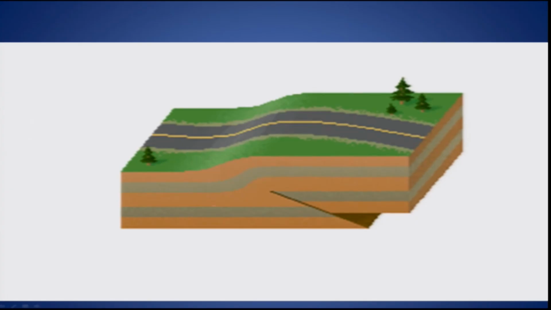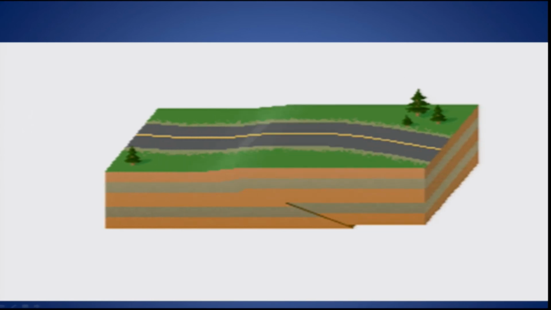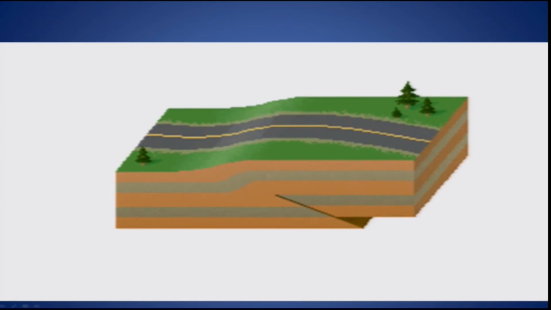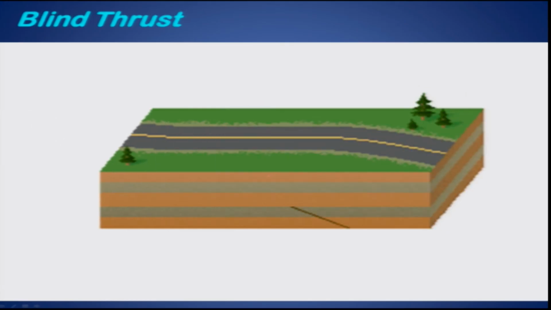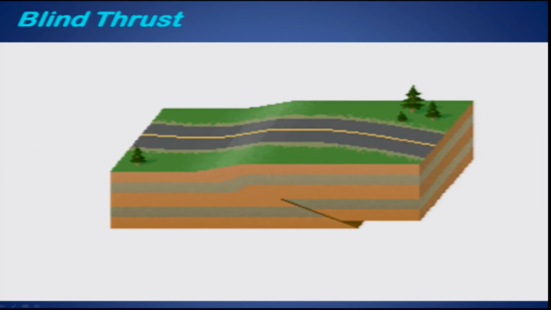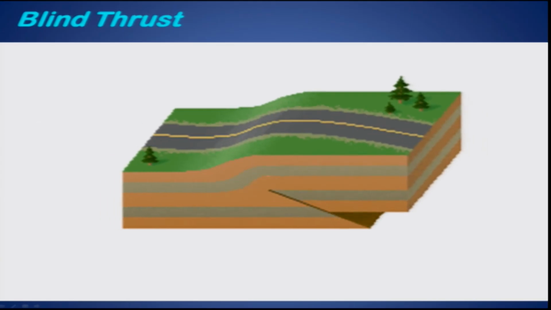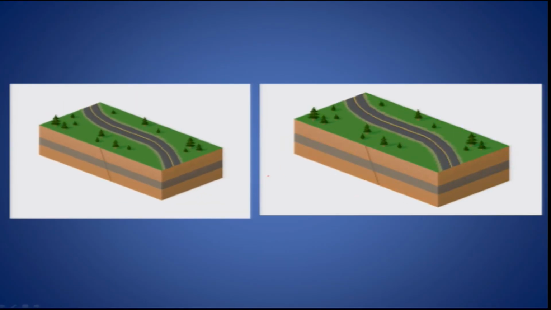Whereas in this one, the displacement is seen below the earth's surface, but near the surface, just folding is seen. So no displacement or breaking of the layers is seen. Such types of faults are termed blind thrust, where the displacement does not reach the surface and remains blind.